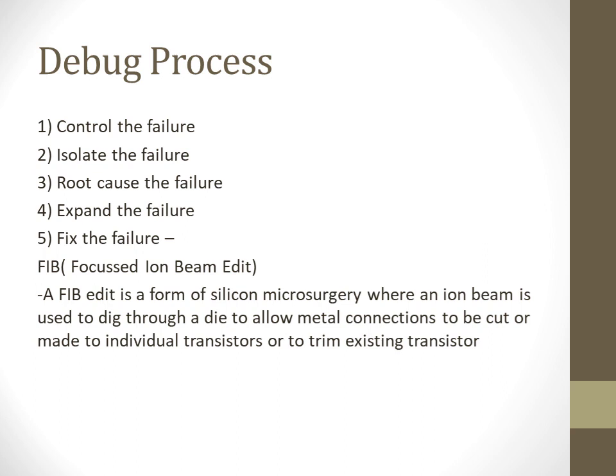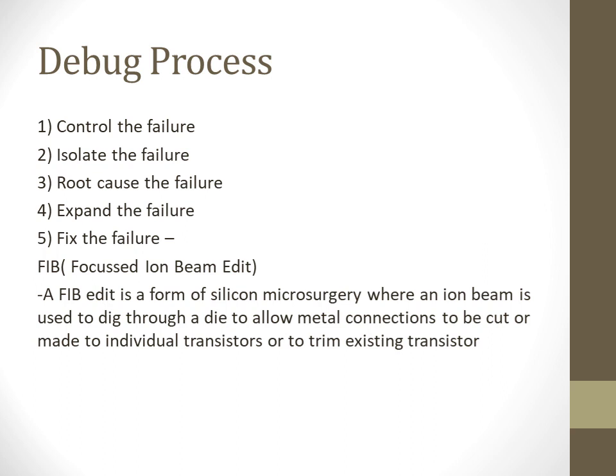So let's revise the debugging process. What is the debugging process? The purpose of debugging is to identify and resolve any problems that exist in the IC, and we must ensure that the IC is working correctly before it reaches the customer. That is the debugging process. The debugging process, as we learned, comprises majorly 5 steps. Controlling the failure.